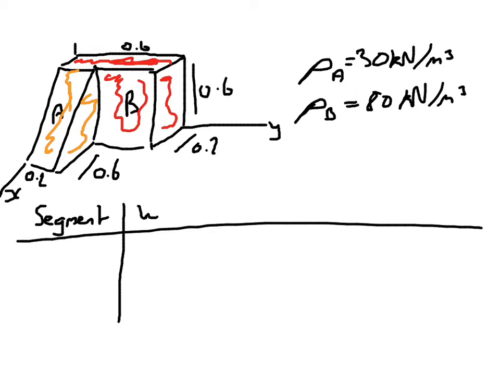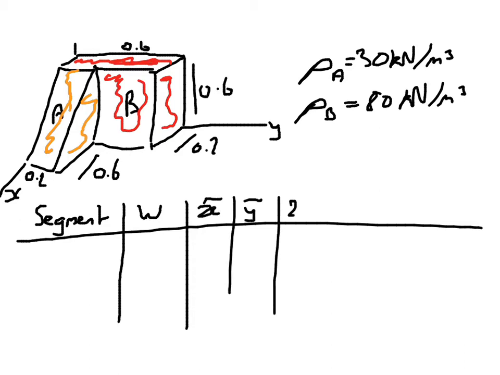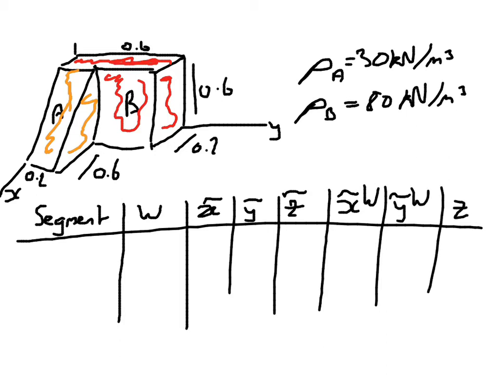So you're going to have a weight, x tilde, y tilde, z tilde, because it's three-dimensional, x tilde W, y tilde W, z tilde W, A, B, and we can maybe get the total in this time because it's not too big.